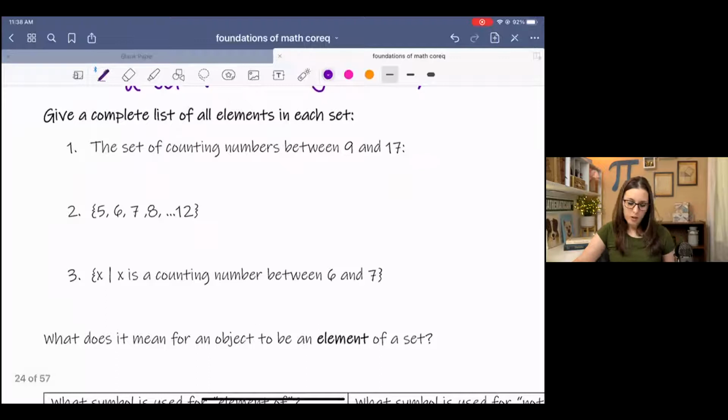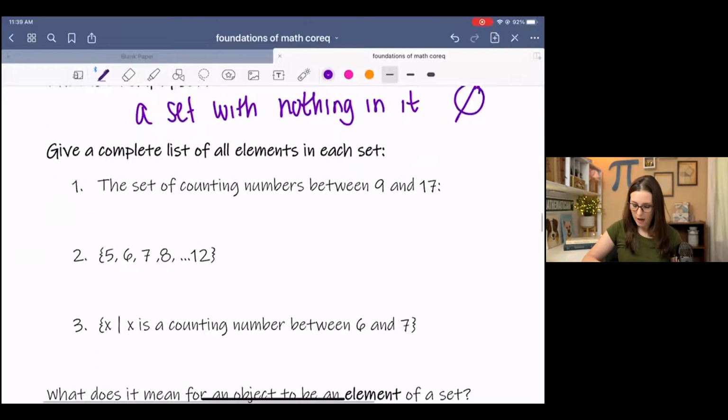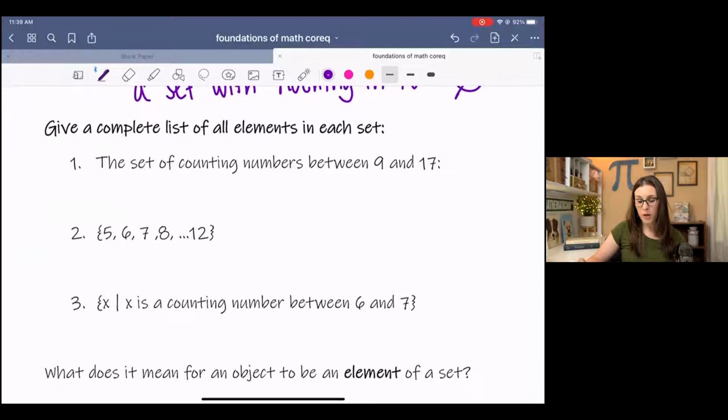We are going to list out the elements in each set. So it's going to look like this for list form. The set of counting numbers between 9 and 17. Counting numbers. So if you think about just counting, you say, 1, 2, 3, and so on. They're counting numbers.